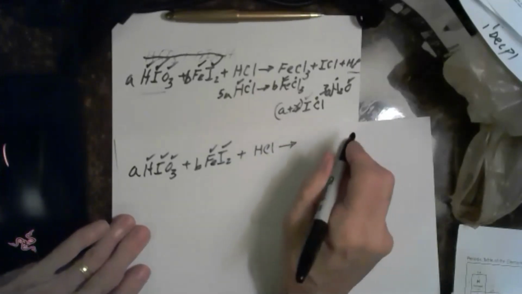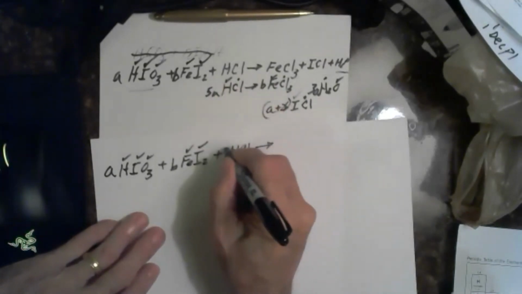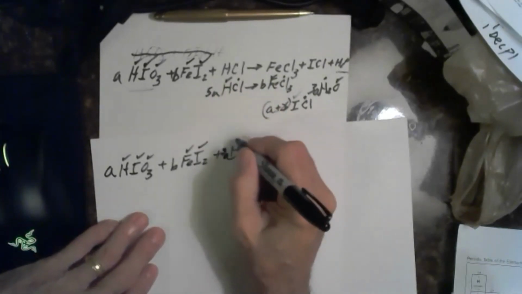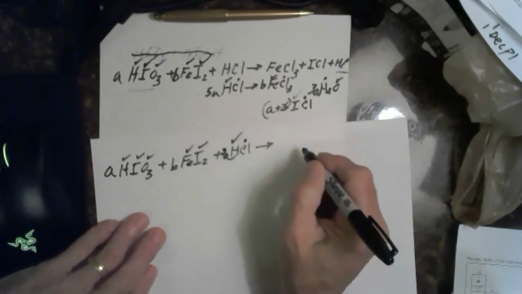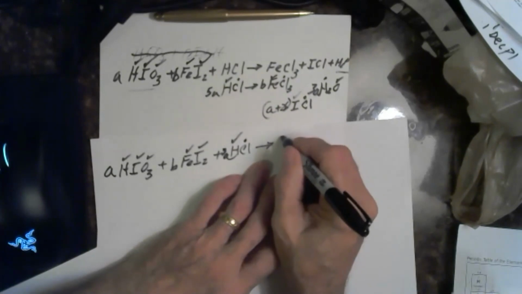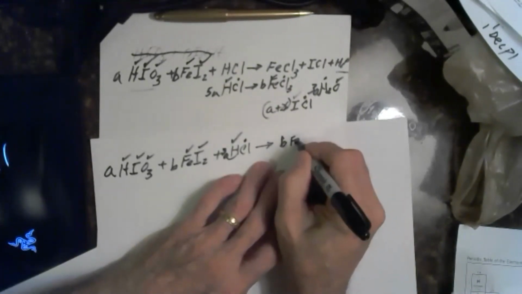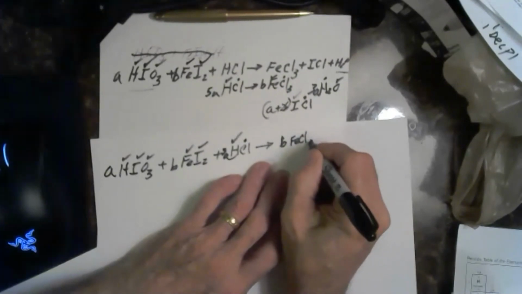Oh, yes I do, I've got 5A of them, and that's checked and dotted. Now over here I've got B FeCl3s.